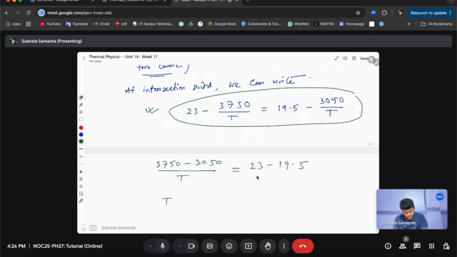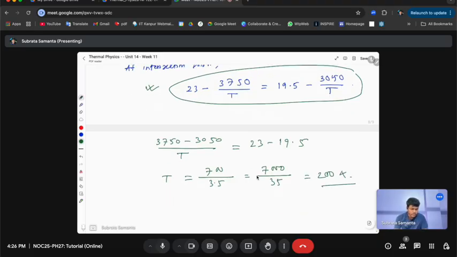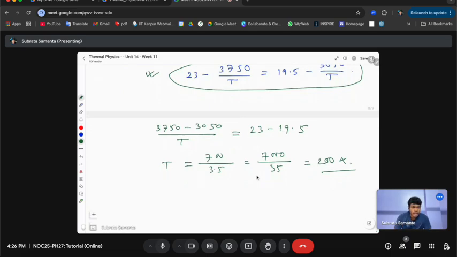So T equals 700 over 3.5. Multiplying by 10 on both sides, we get 7000 over 35, so it's 200 Kelvin. This is the temperature at the common point.